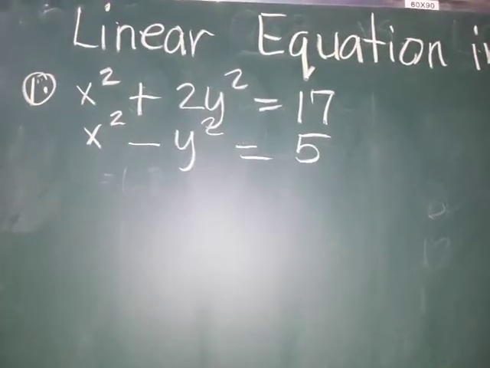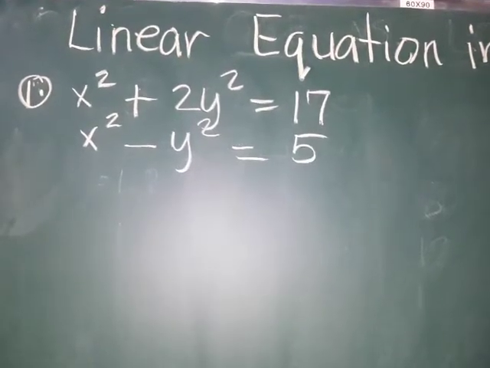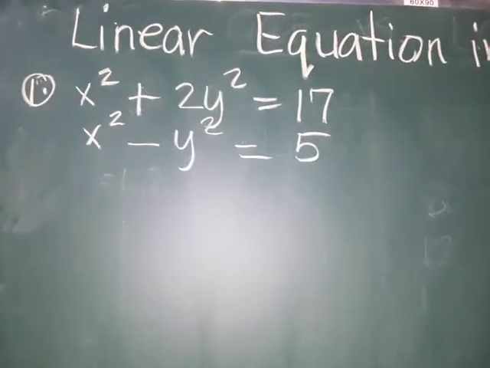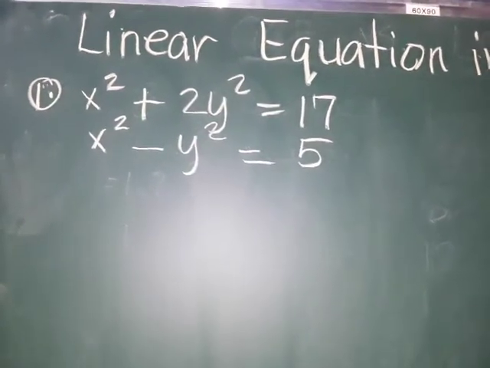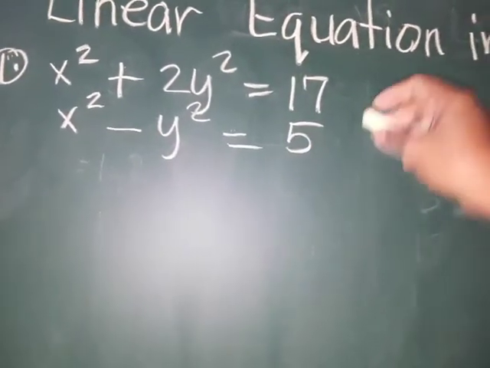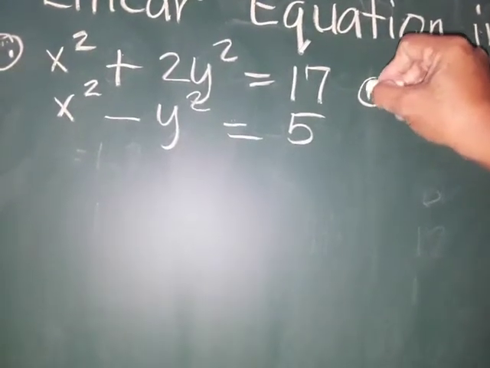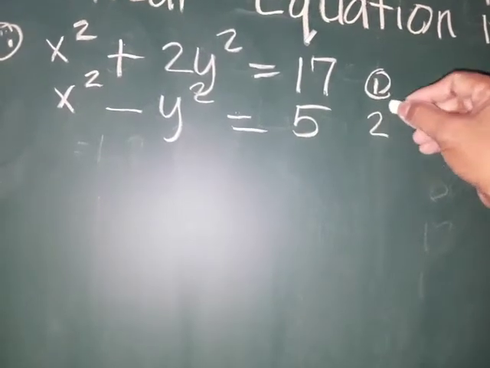We have two ways in getting the value of x and y when we talk about linear equation in two variables. First, we have the elimination method, so I'm going to discuss that first. We name the first one as equation 1 and the second as equation 2.